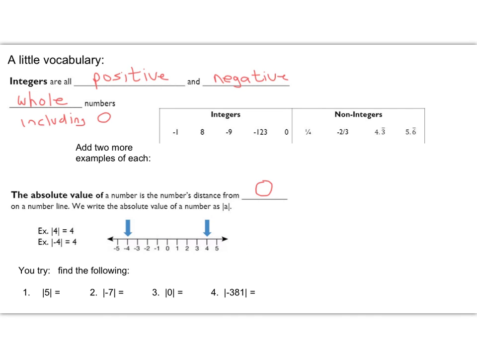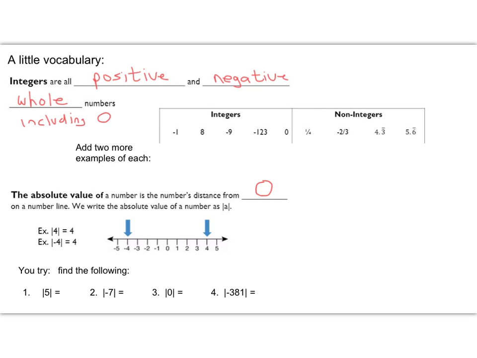Distance is always a positive number, okay? So it doesn't matter what direction I'm coming from, I'm just looking at how far it is from here to here. Well, there's 4 spaces. How far is it from here to here? Well, it's 4 spaces. So absolute value is related to the distance from 0. It's always positive.